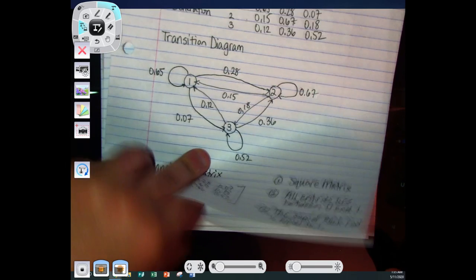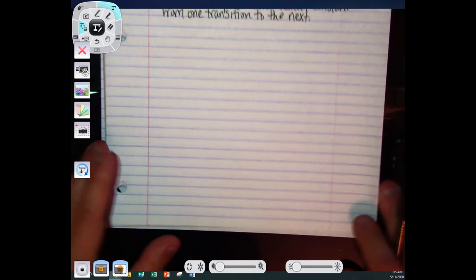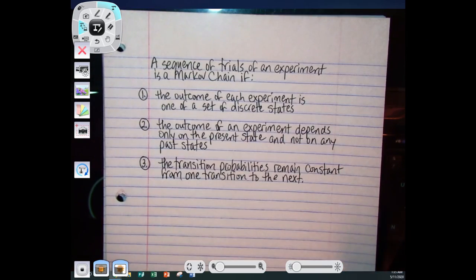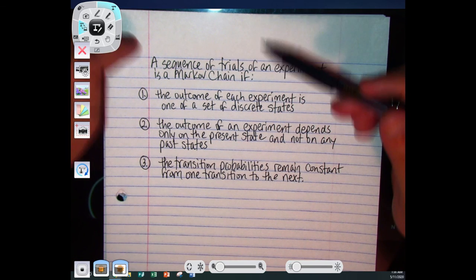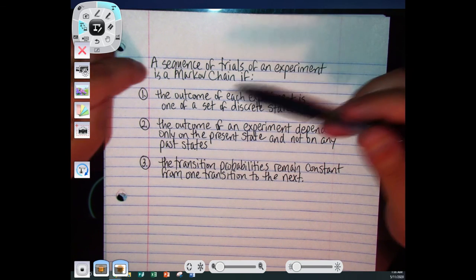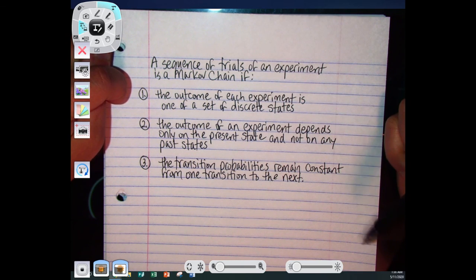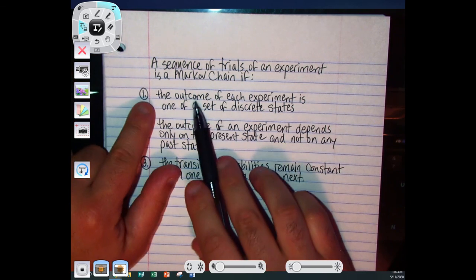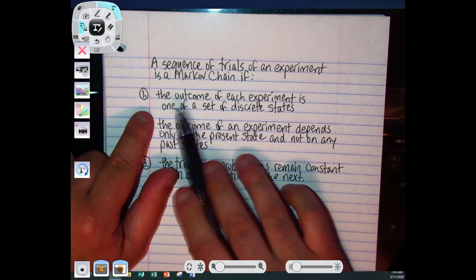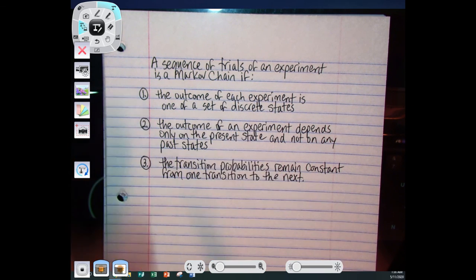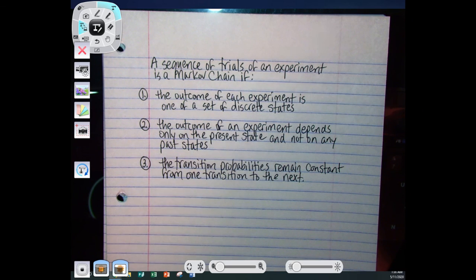So if we look at this idea of a Markov chain, we can say that the sequence of trials of an experiment is a Markov chain if the 3 following things happen. 1, the outcome of each experiment is one of a set of discrete states. Discrete states mean that they're individual.